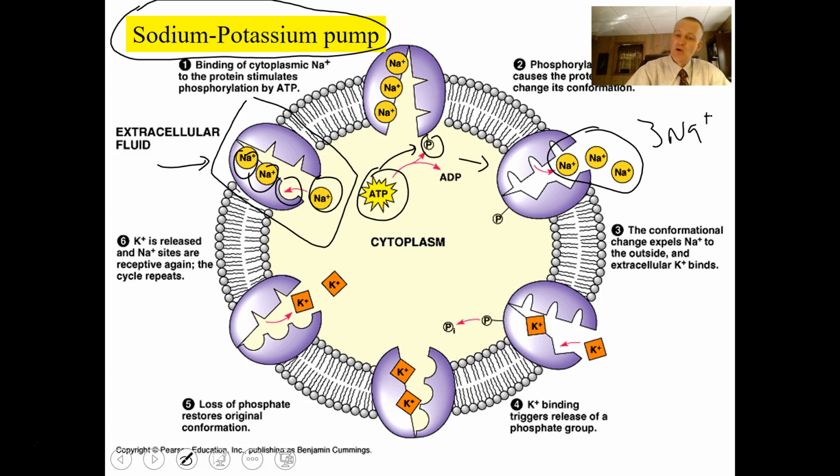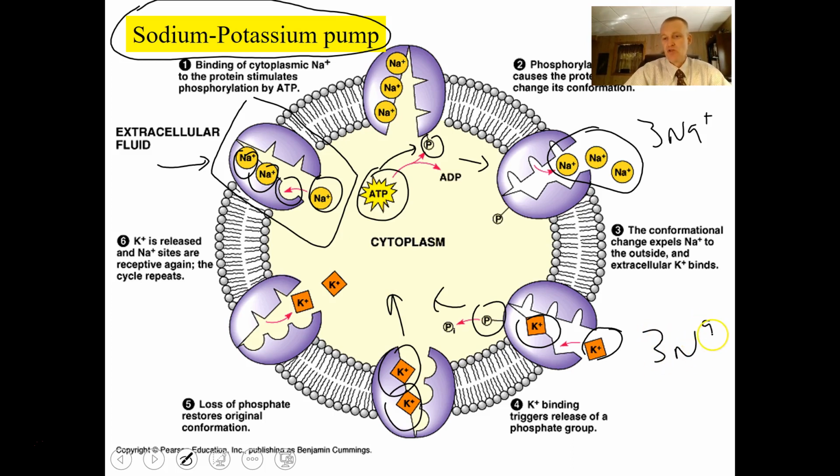Now the protein, because of its shape, after it drops the sodium off, this phosphate group will actually detach, and only 2 potassium will join. So those 2 potassium, once that phosphate disassociates, are dropped to the inside of the cell. So what you have is a mechanism where you drop 3 sodium out and bring 2 potassium in.